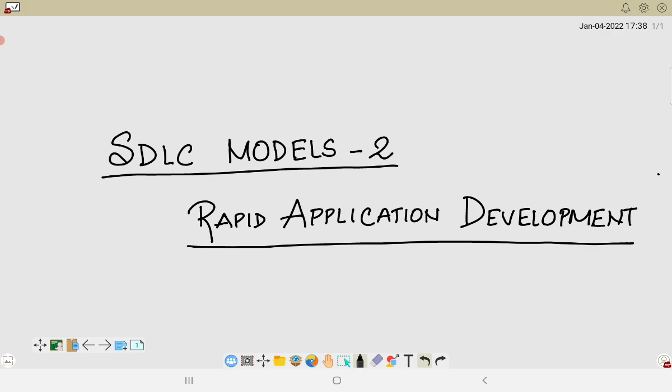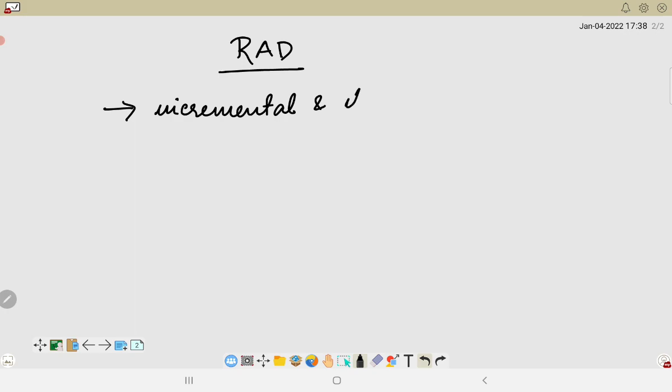Now, before we move ahead with rapid application development or RAD, we would like to discuss why it is required. RAD, or the rapid application development, is also a software development life cycle model like the previous one which we have discussed, that is the waterfall model, and it uses automated tools and techniques to improve the development process, and is basically a combination of the incremental and iterative model.